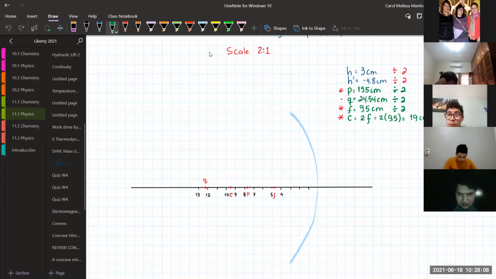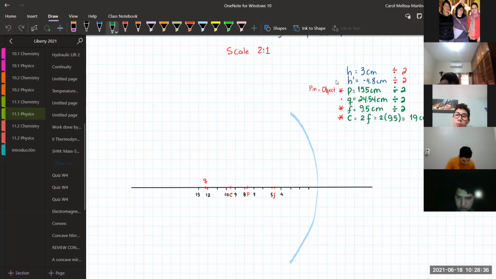Now, remember that we place the object over the point P. The object comes here. So my object is a pin, and I'm going to draw a pin. What size will my object have?